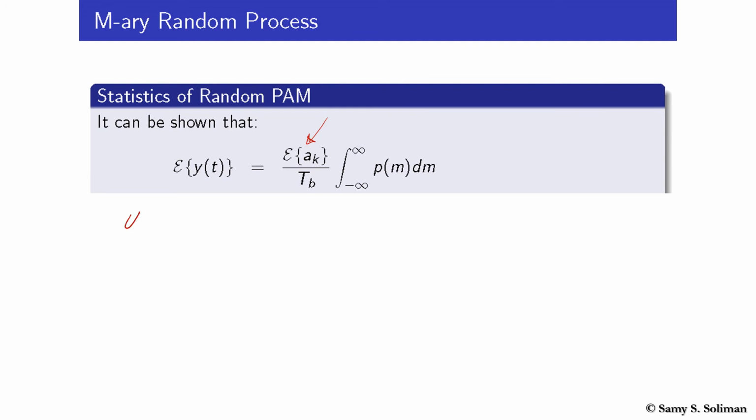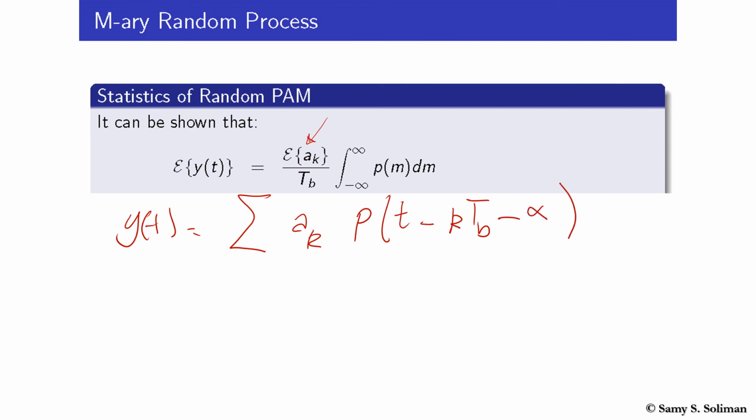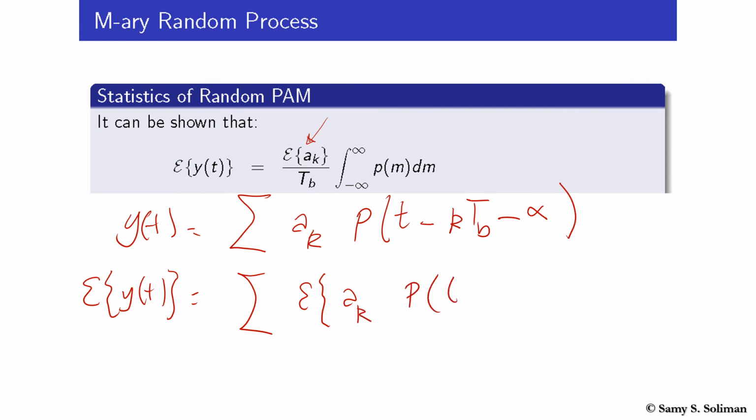Recall that y of t was equal to the summation of a_k times the pulse p of t shifted by k multiples of Tb. So this is the kth pulse, and it has an overall time shift of alpha from the origin. So the expected value of this process is the summation of the expected values of these terms, so the expected value of a_k times p of t minus kTb minus alpha.